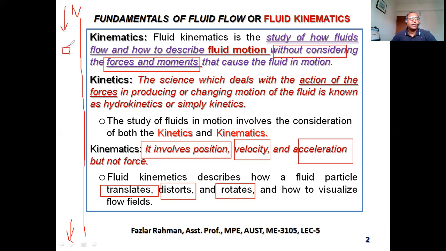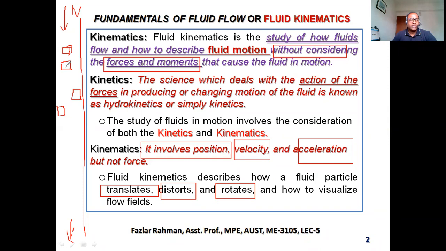So I am saying this is a small rectangular cube. If I only think in 2D, then it will be a rectangle or square. So he's flowing in the river. On the way, after a few seconds, he's coming over here, then coming over here. This motion of the fluid particle is called translation. It just moves from one point to another point without making any rotation.